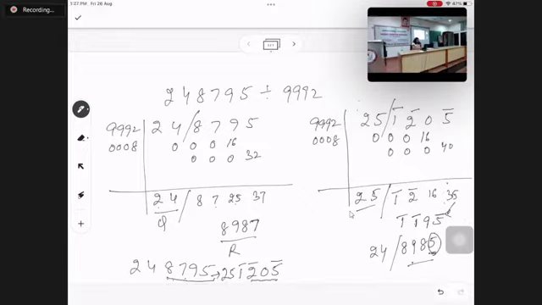Let's 95. Let's 95. We have done correctly. We need to check the answer. Let us try with another, then we can verify.